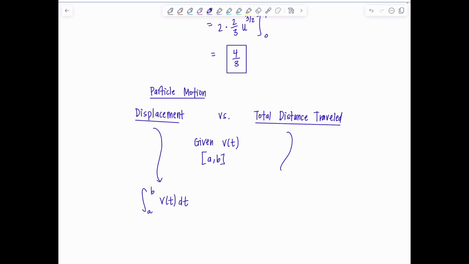If you want the total distance traveled, then you need the integral from a to b absolute value of v of t dt. Because basically the idea is whenever the particle changes direction, the velocity will change signs. And to capture the total distance traveled, you want to break up every time it changed direction so that you're not subtracting distance. So that's the difference when you're computing displacement versus total distance traveled given velocity.